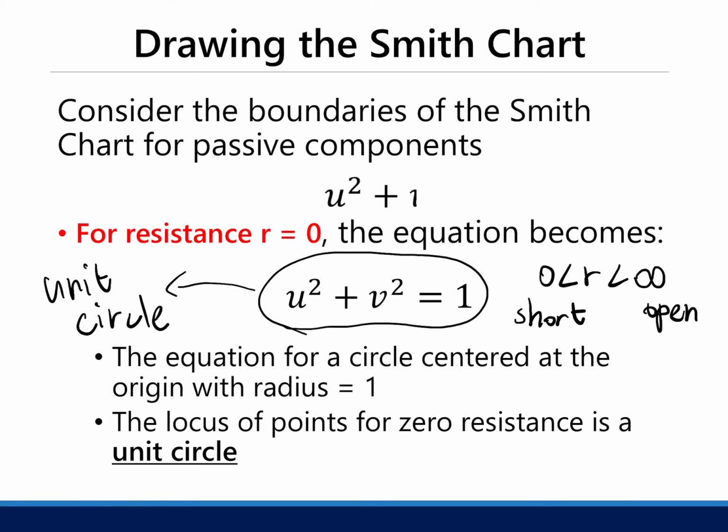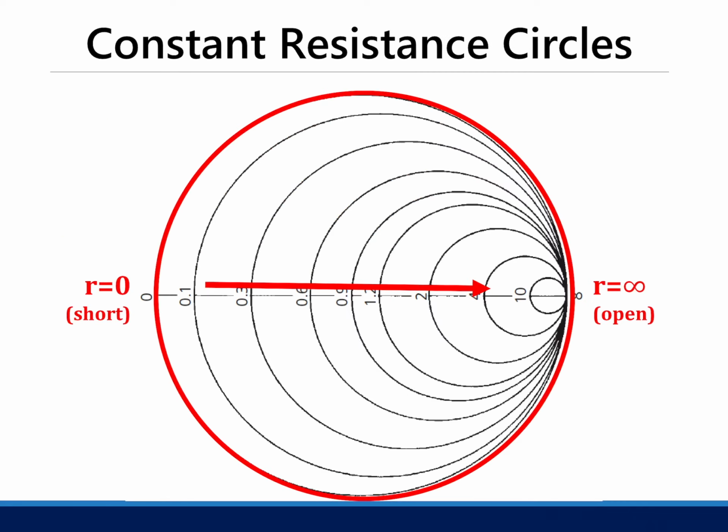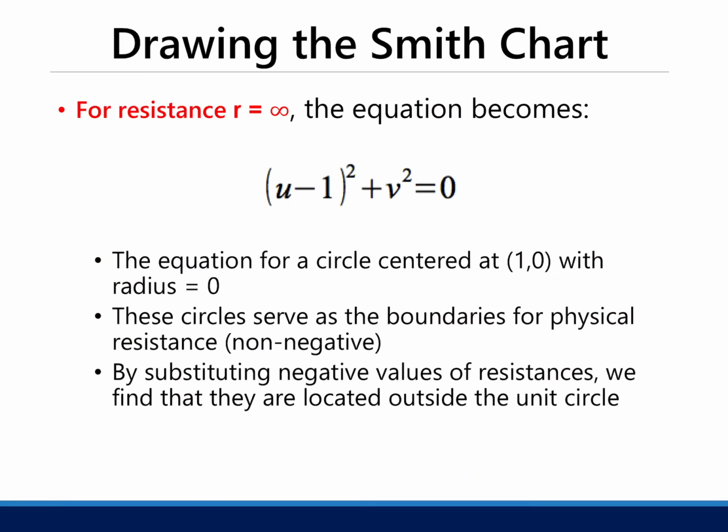If we draw that, there you go. It's the biggest circle there is. If your resistance is infinity, your constant resistance circle becomes this. The radius of the circle is 0.